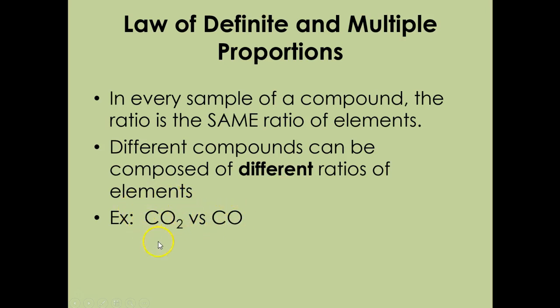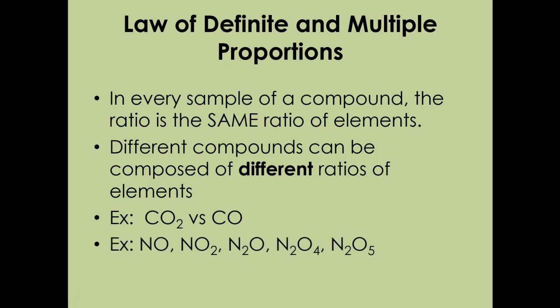Now, I just want to make clear, each of these compounds obeys the law of definite proportions, which is to say that in a pure sample of carbon dioxide, the ratio of carbon to oxygen is always going to be the same. And in a pure sample of carbon monoxide, the ratio of carbon to oxygen is always going to be the same, just different from this one. Another example is nitrogen and oxygen.